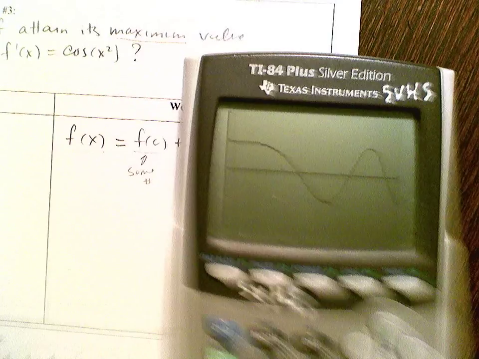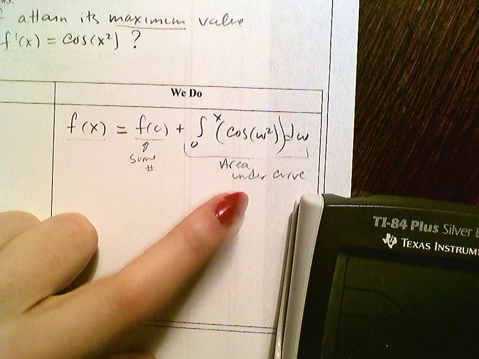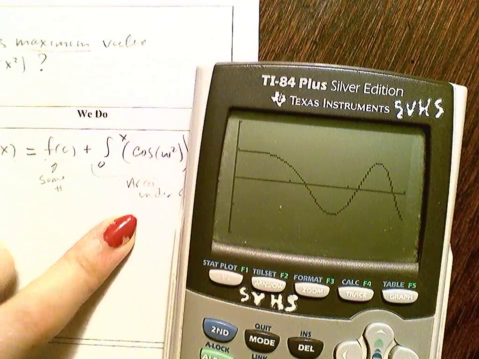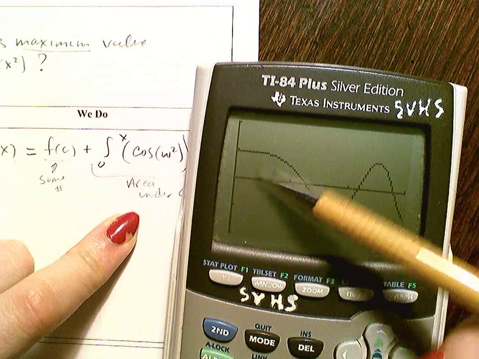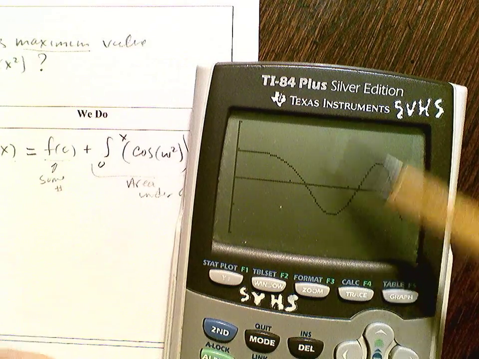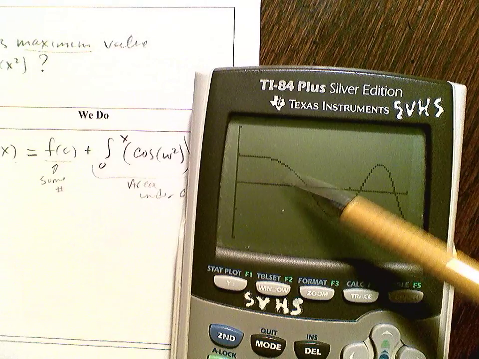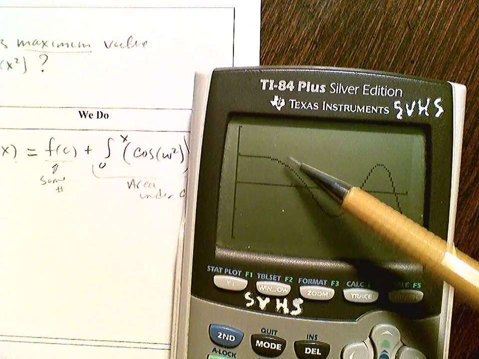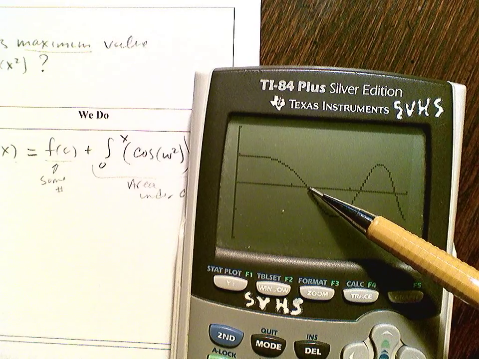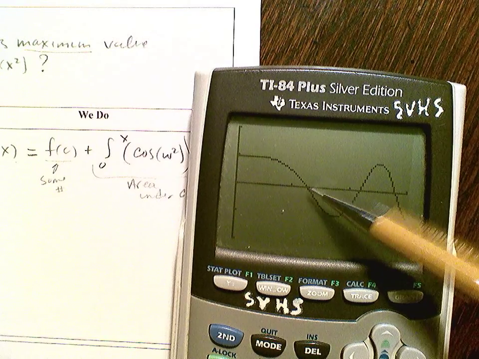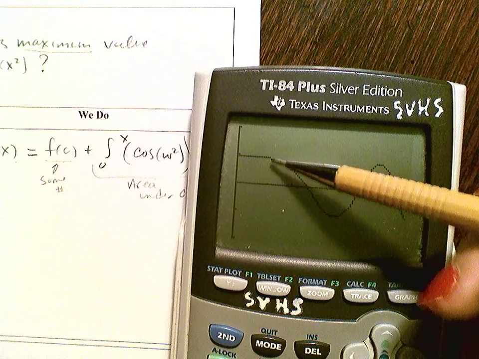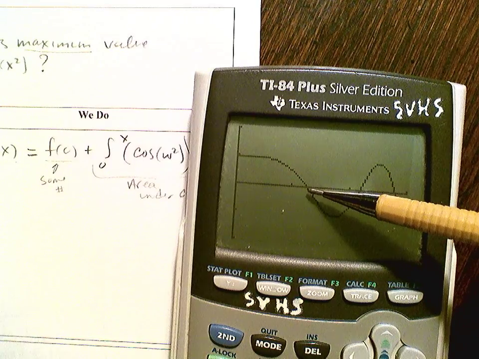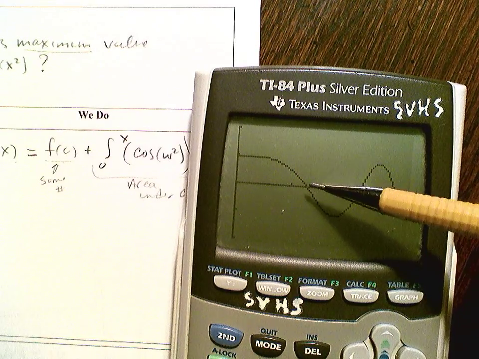Now, this is the area under the curve. From 0 to this point, we're adding on positive area, so up to this point our area is increasing. As you move further along, the area is increasing because you're adding all that positive area.